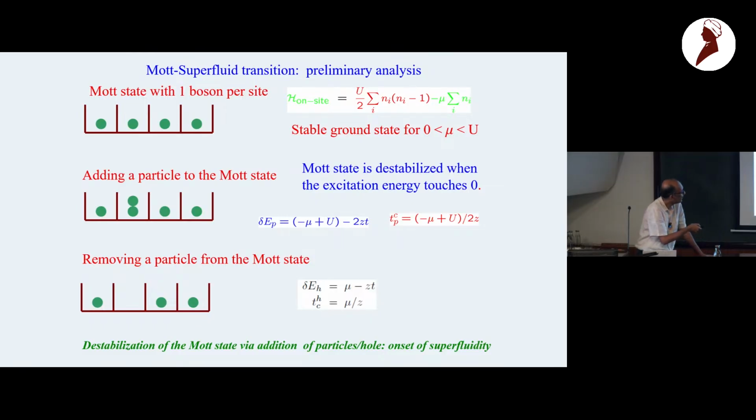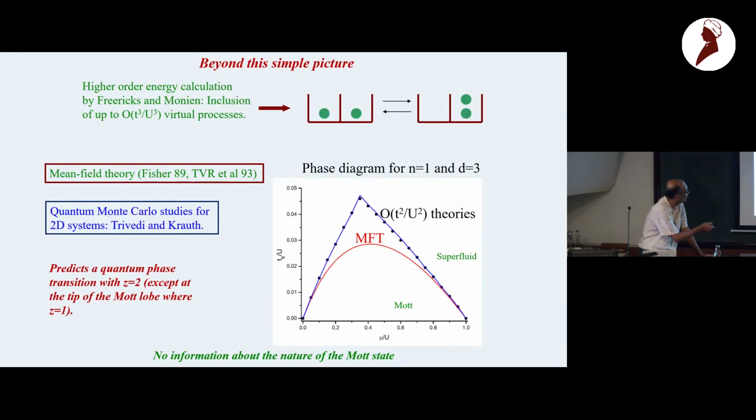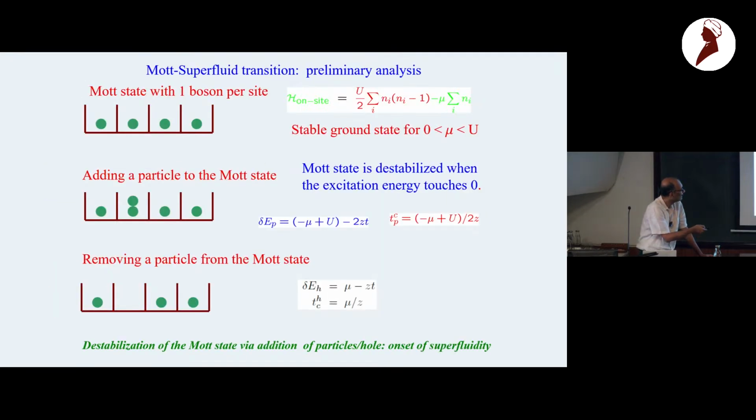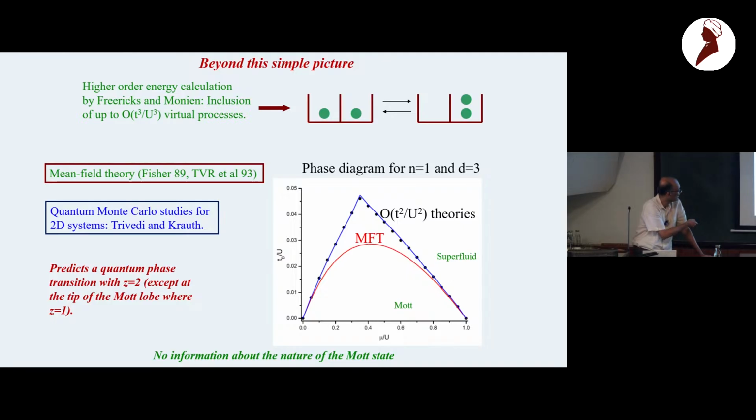But there is one point in your parameter space, which is typically the tip of this lobe right out here, where these two energies become similar. And this extra emergent symmetry is what changes the universality class of this transition. The dynamical critical exponent changes from 2 to 1. And that's an interesting effect of this symmetry.